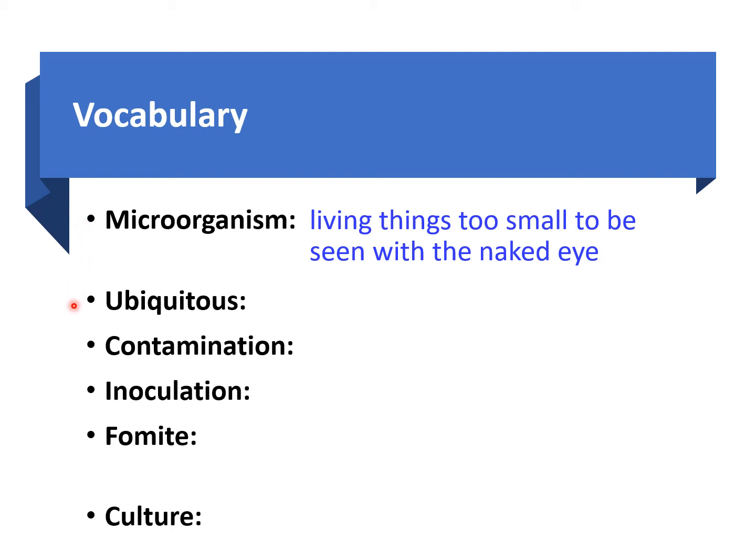There is also the term ubiquitous. So ubiquitous means that these microbes, they are found everywhere. An example of a ubiquitous microbe is bacteria. So bacteria, they're basically found everywhere, in the air, on surfaces. They are found inside of you, in your guts, on your teeth, even on your hair.